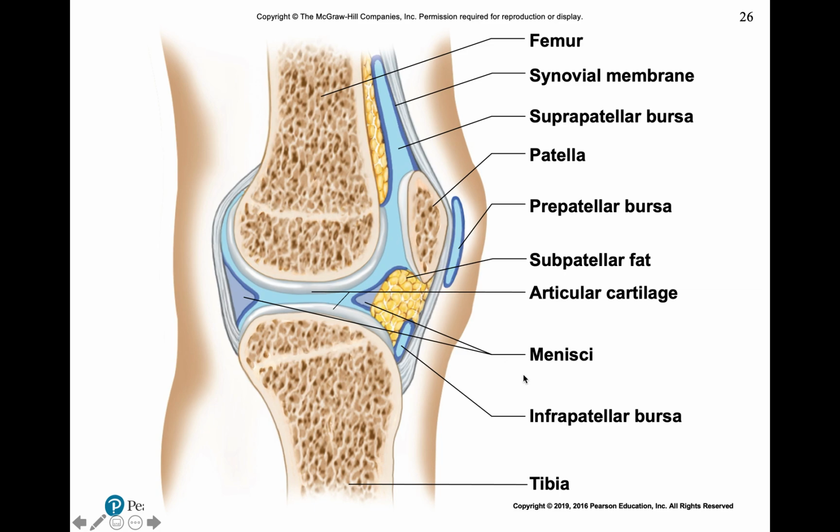Menisci, if you've ever heard of meniscus for singular or menisci for plural, and I know you've probably heard of a torn meniscus. What does that mean? What is a meniscus? A meniscus is a fibrocartilage pad, a fibrocartilage projection where you have high amounts of compressive forces.